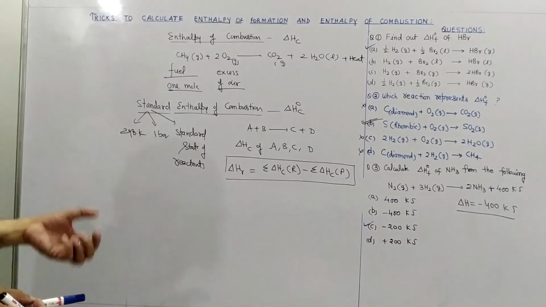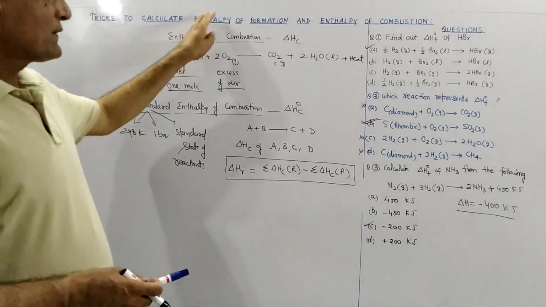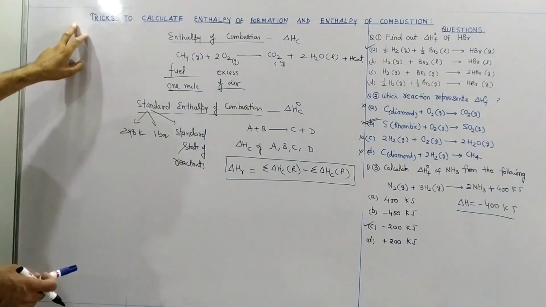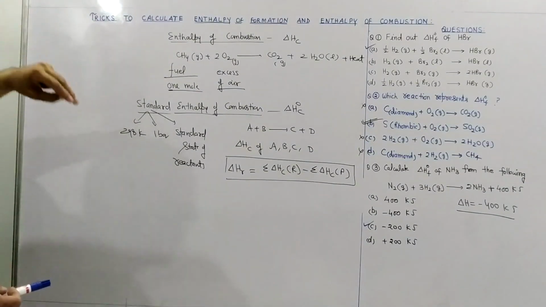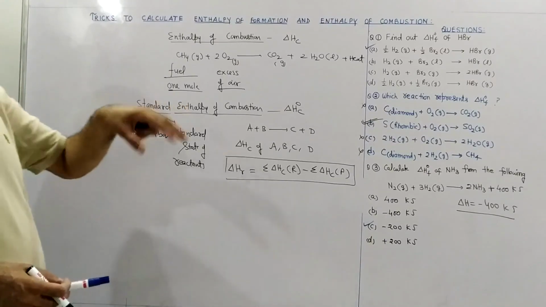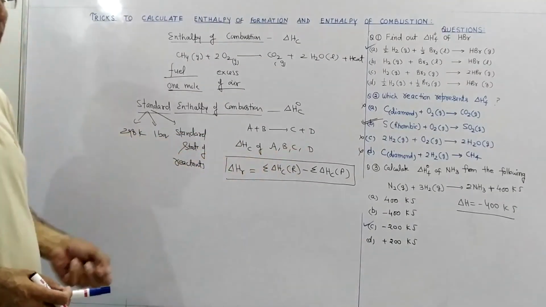So I hope students you are able to understand what is enthalpy of formation and what is enthalpy of combustion, and I gave you a simple trick: always subtract enthalpy of formation as product minus reactant, but in case of combustion it is always reactant minus product.